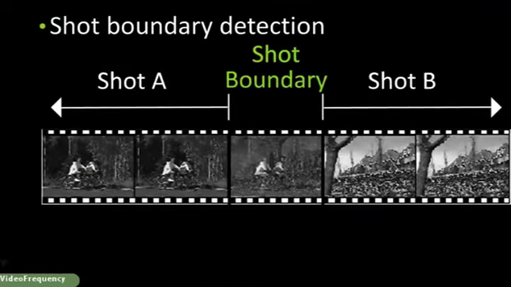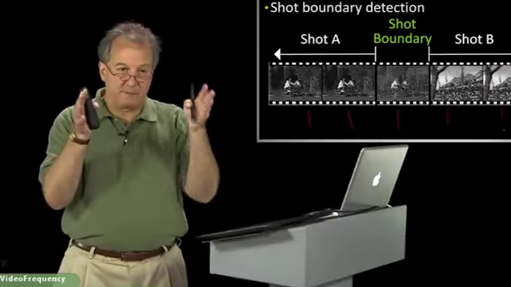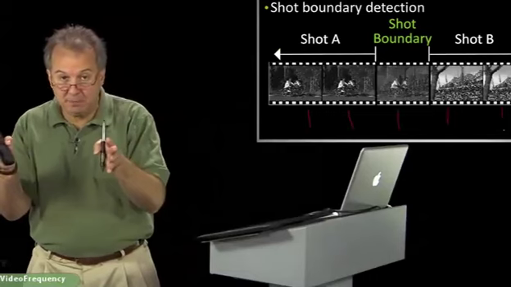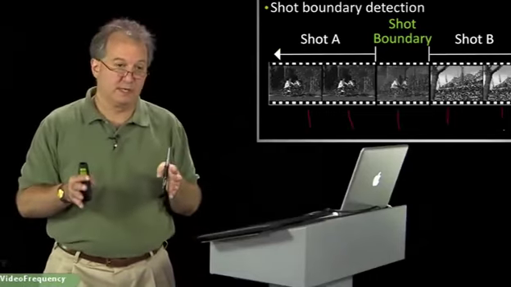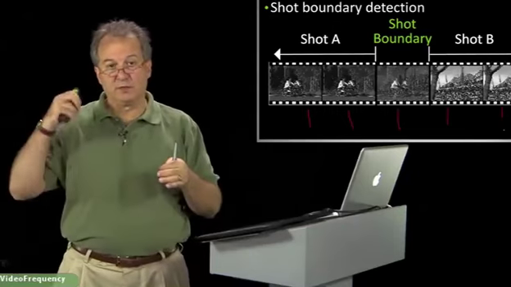Another interesting application is what we call shot detection, illustrated here. We have a bunch of frames in a video, and commercially produced video is usually made up of a sequence of shots, each shot coming from a particular camera. The camera might be moving, panning, or dollying, and then you'll cut to a different shot.